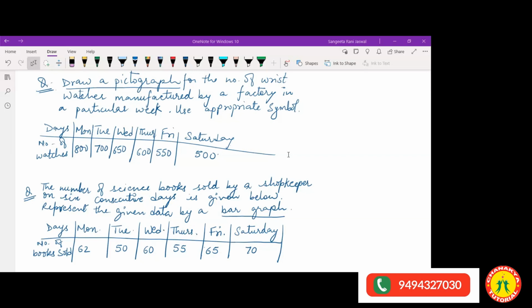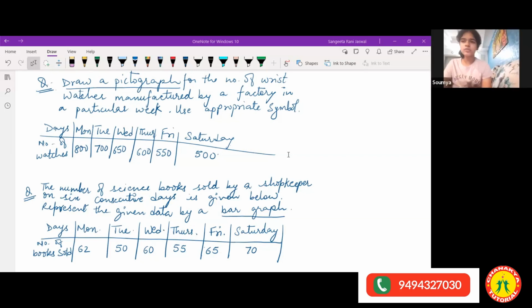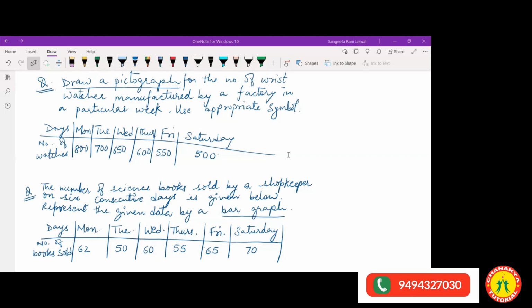Or you want to do more questions of this type? Ma'am, I think we can do more questions. More questions of this chapter only? Yes, ma'am. Okay, then I will give you some more questions. I'll give you one more bar graph then.